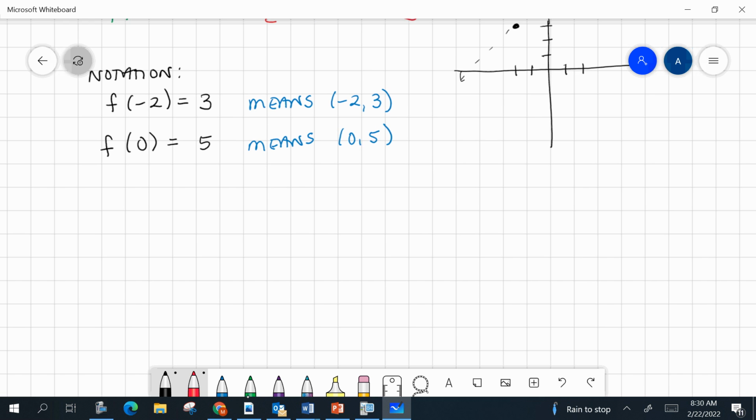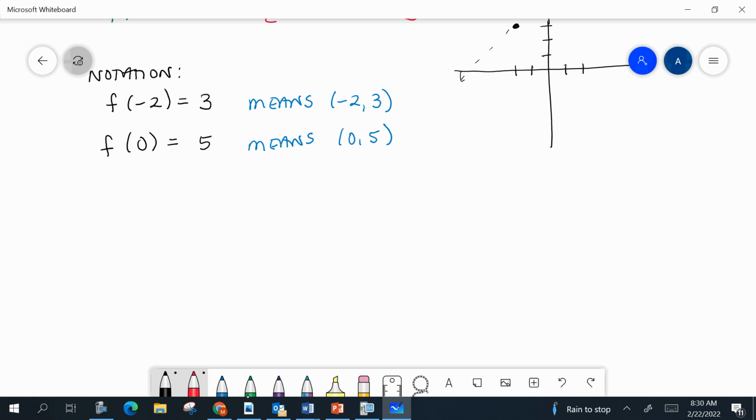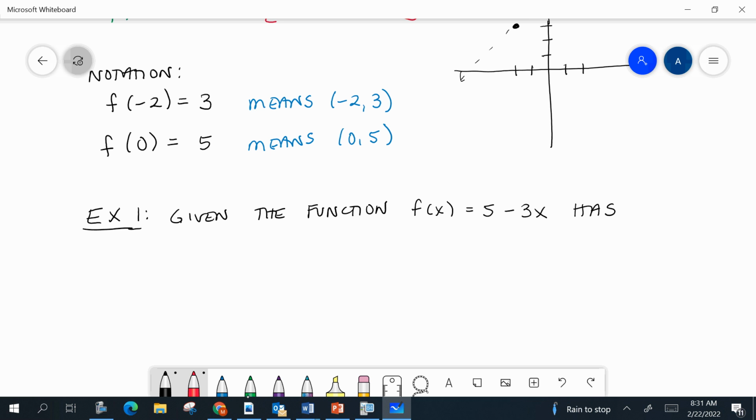Okay, so let's end with an example, and this is like some of the things that we did in class today. I pulled this example from an ACT test. Okay, so example 1, let's suppose given the function f of x equals 5 minus 3x has domain, and we're going to use set notation, the domain is -1, 0, and 2.